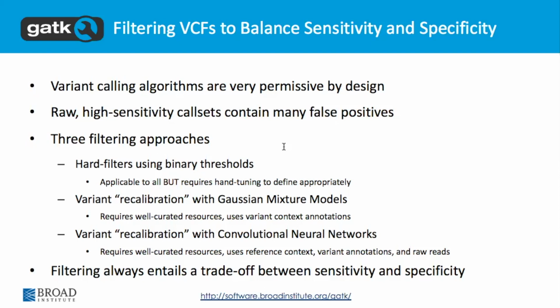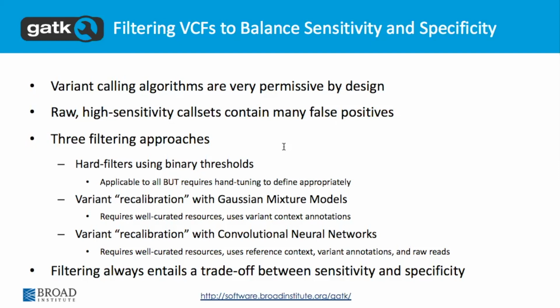The next step in evolution is to have a more sophisticated machine learning model, and that requires truth resources. So we need some kind of validated call set where we know which variants are true, and also which variants are false, which we will discuss how we figure out later.